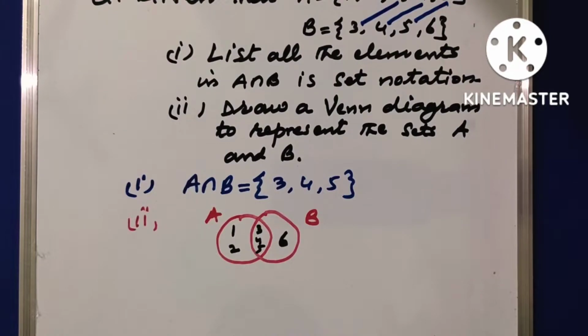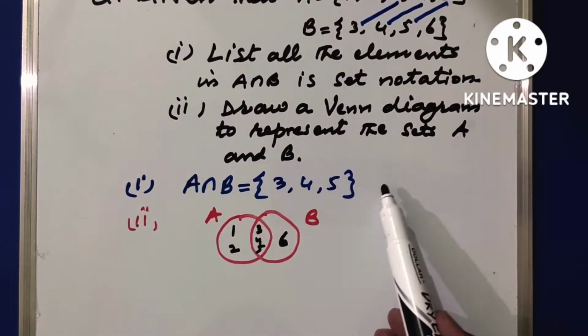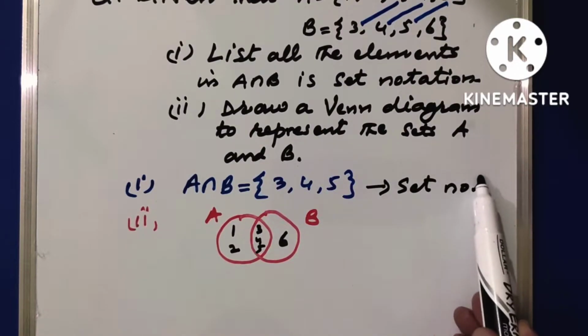Now let us talk about union of two sets with the help of Venn diagram. In the above part, just see the A part. This is called actually set notation.